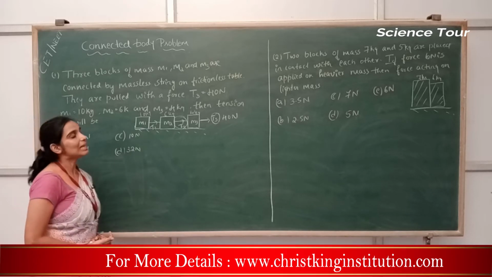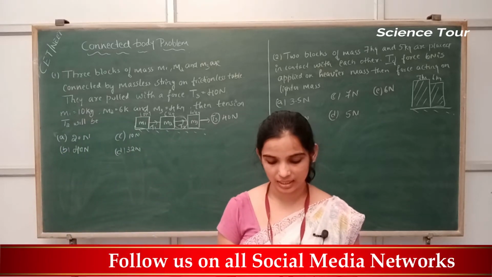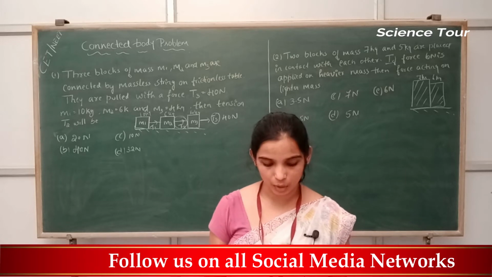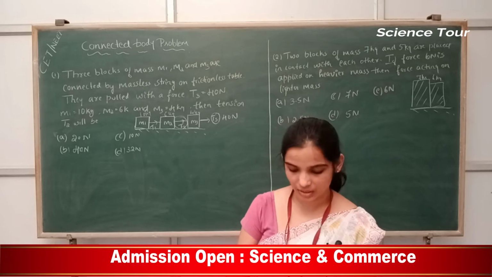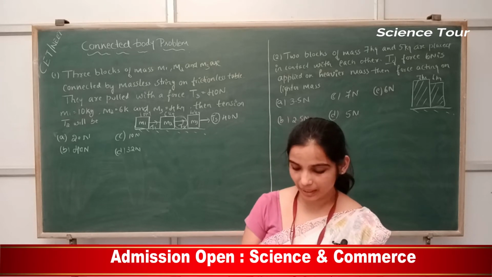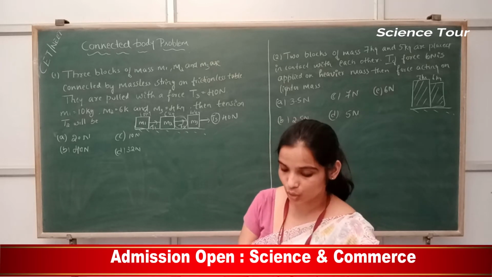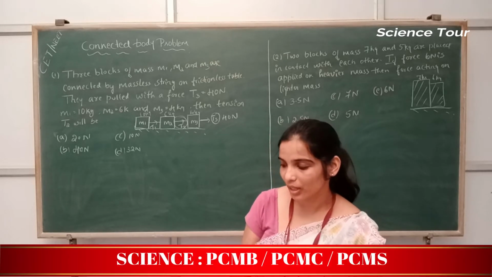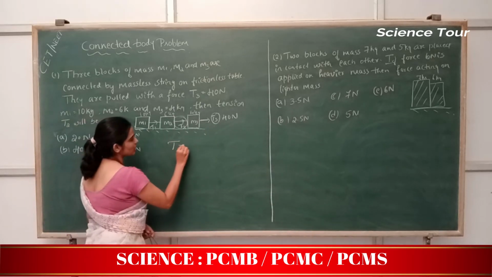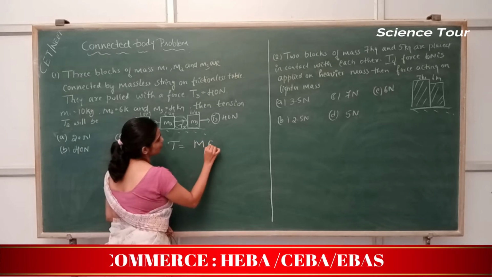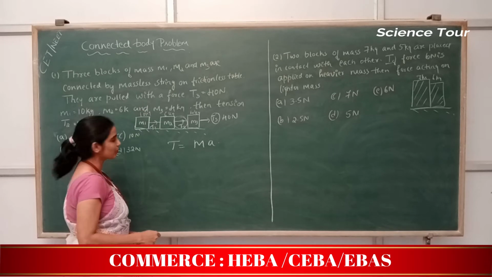If it is the direct formula, what is the formula for this system of connected body problem when the bodies are connected through a string? T2 is a tension. See, what is the acceleration of this whole system? You know that force is equal to mass times acceleration.